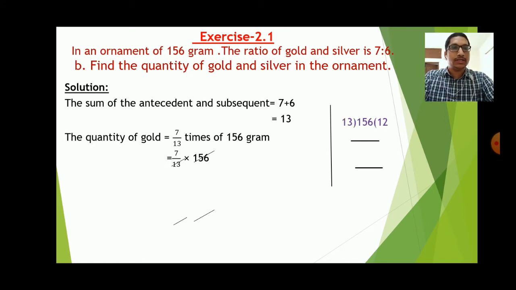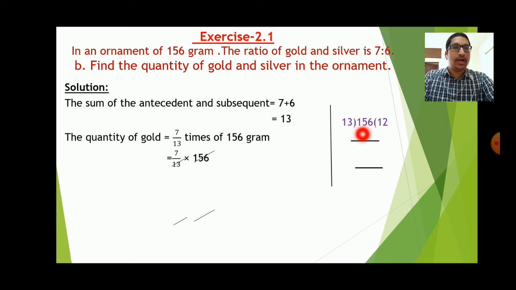So 13, 156. Now if we divide here, look at here, 13 is the divisor and 156 is the dividend. So here the divisor is 2 digit, so we will take 2 digit from the dividend from the left side. So it will be 15.